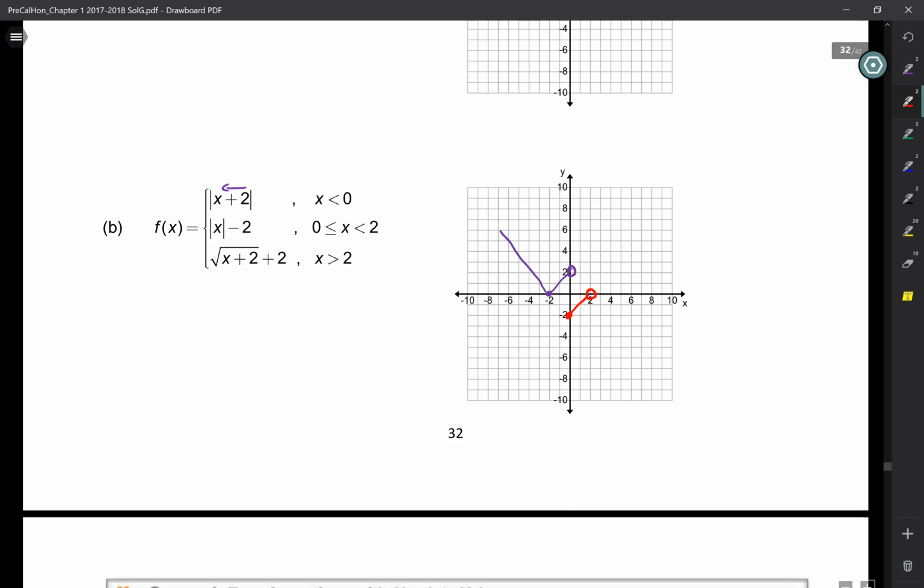And then what about that one? What value does it have at x equals 2? 4. Okay. And then what else can we put here? 7. And it would be a 5. Good.